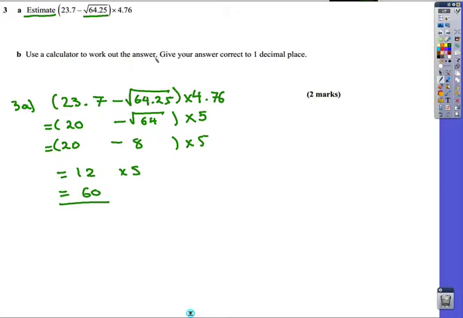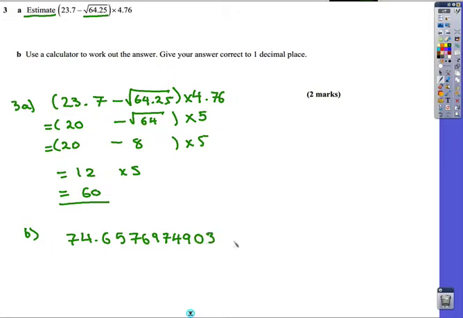Use a calculator to work out the answer. Give your answer to correct one decimal place. So 3b, using your calculator, 23.7 subtract square root of 64.25 times by 4.76 is 74.65 76 9749 974903.